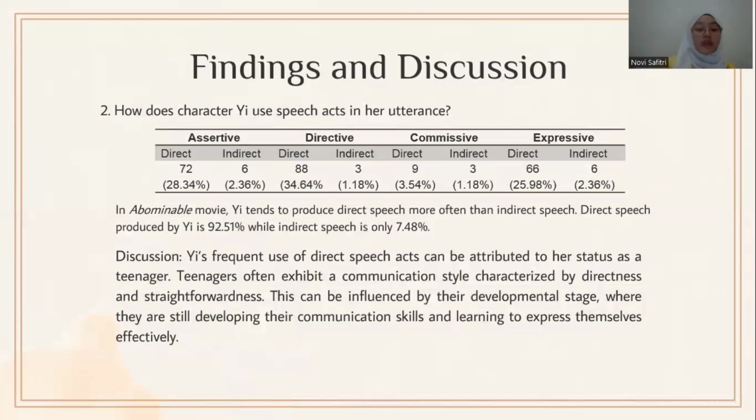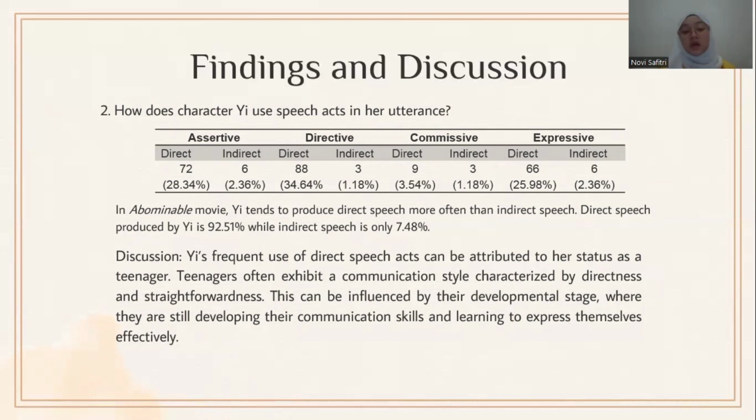And the second question, finding and discussion for the second question about how the character Yi uses speech act in her utterances. In the Abominable movie, Yi tends to produce direct speech acts more often than indirect speech acts. Direct speech produced by Yi is 92.51%, while indirect speech act is only 7.48%.